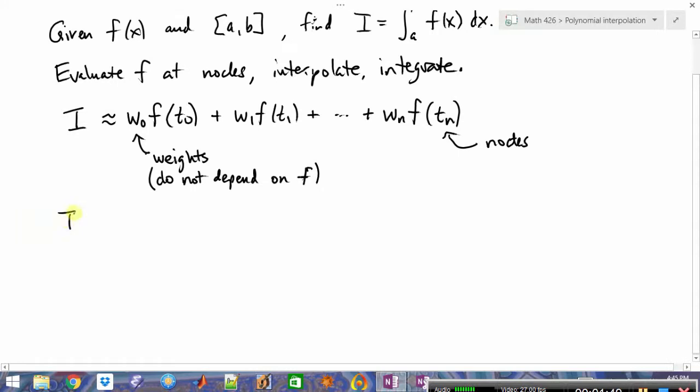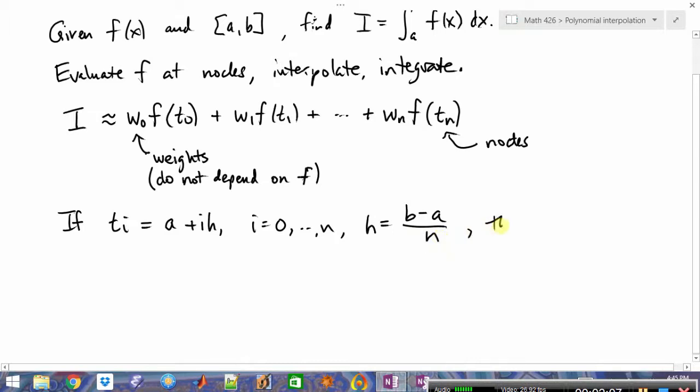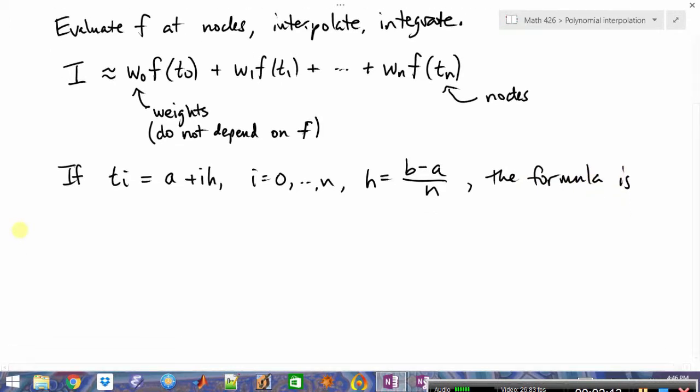And if we happen to choose equally spaced nodes, so this is our usual setup, where the spacing is the length of the interval divided by n, then the formula is called Newton-Cotes, or it's a form of Newton-Cotes quadrature formula.